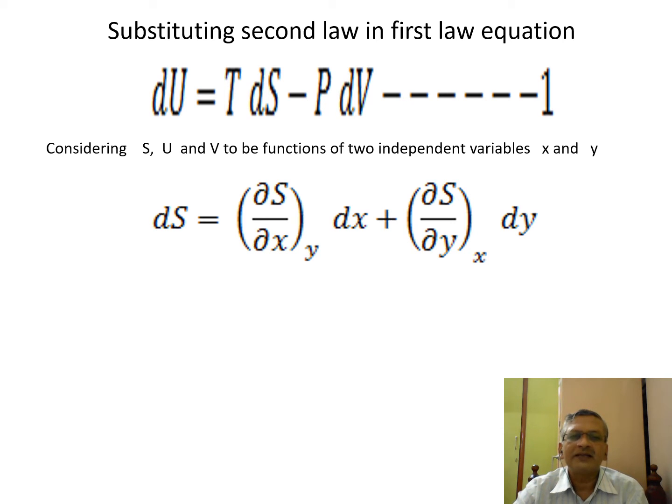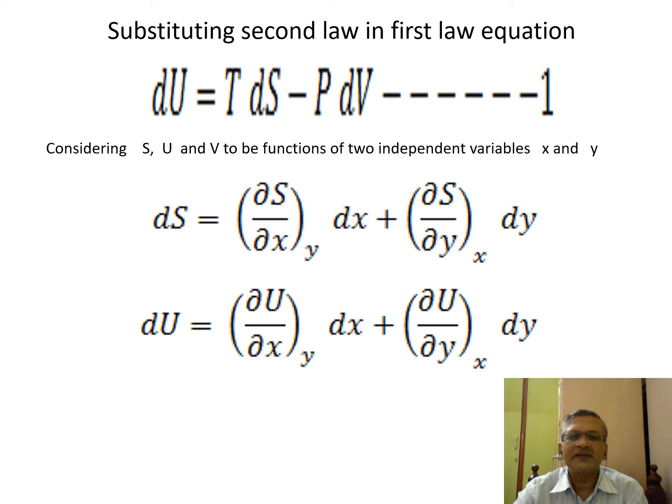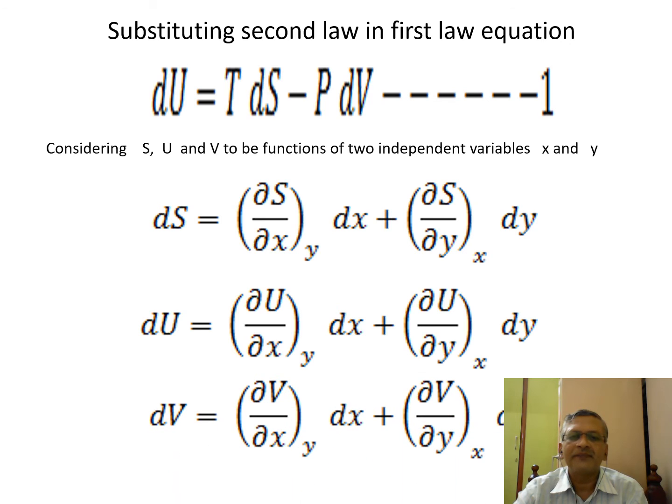Similarly, we can write the U and V perfect differentials in terms of partial differentials. Internal energy dU is given by dou U upon dou x keeping y constant into dx plus dou U upon dou y keeping x constant into dy, and dV, the change in volume, is given by dou V upon dou x keeping y constant into dx plus dou V upon dou y keeping x constant into dy.